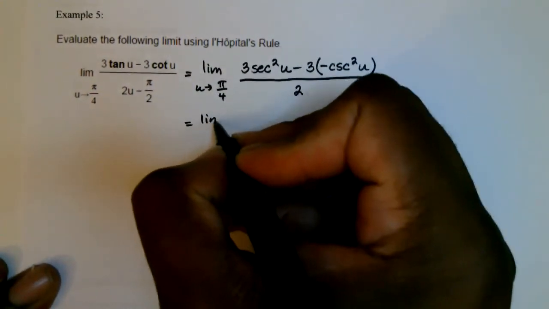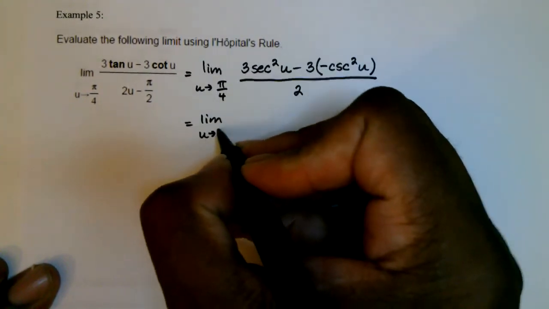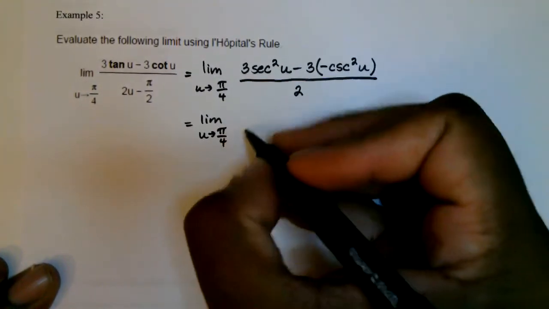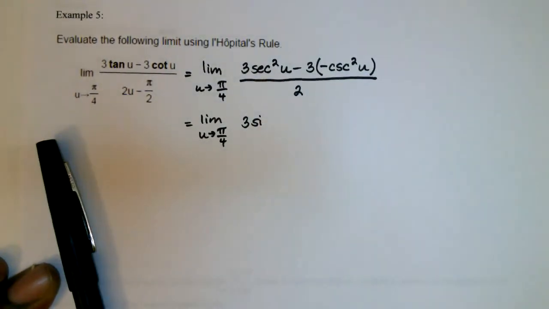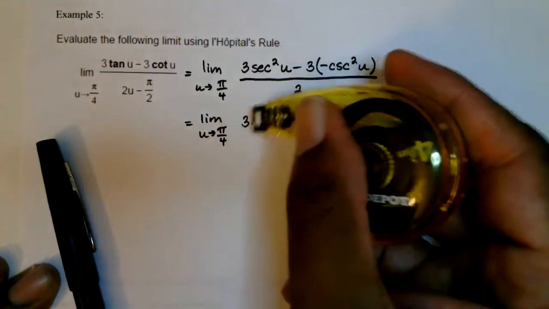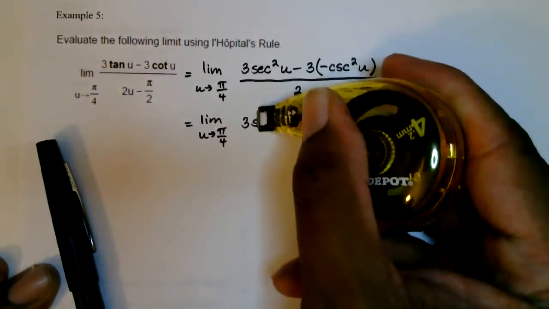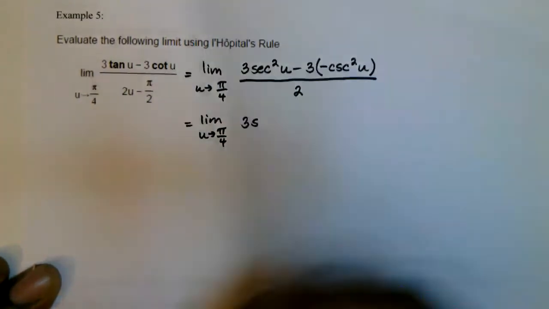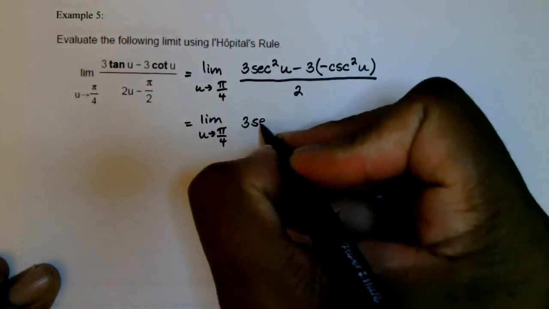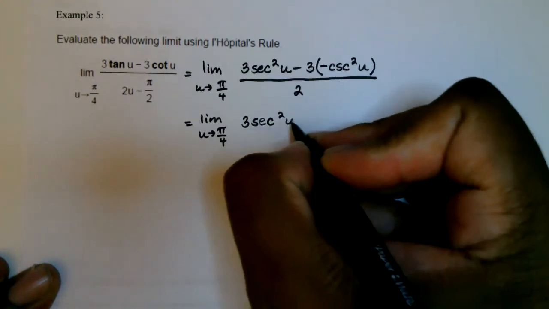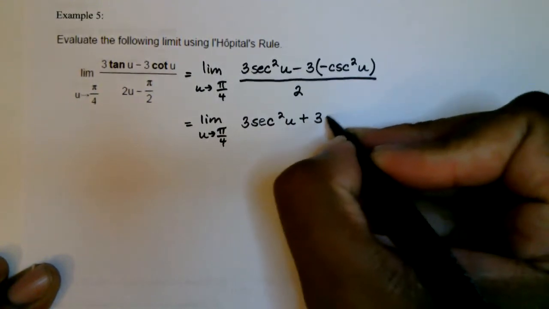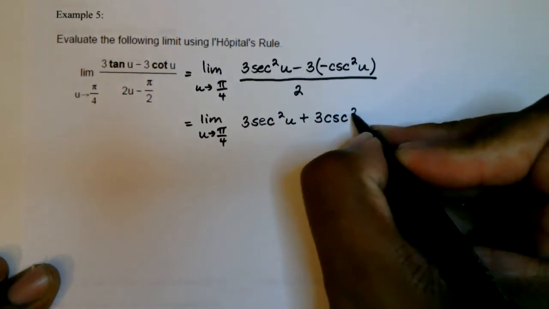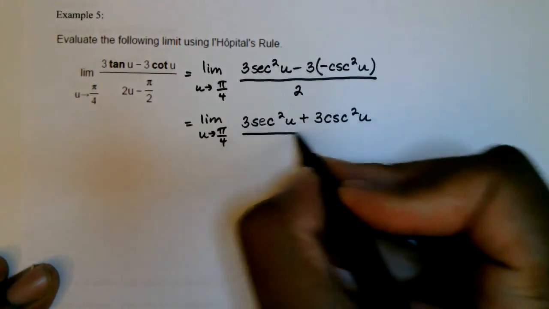I have the limit as u approaches pi over 4. That's equal to 3 secant squared of u, and the negative will make that a plus 3 cosecant squared of u.